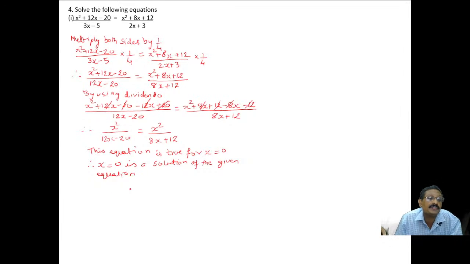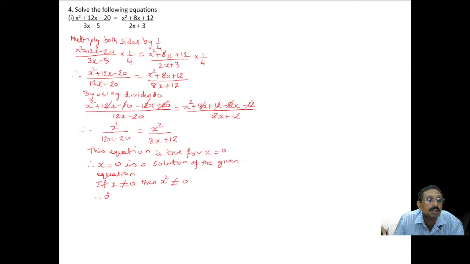Now, if x is not equal to 0, then what will happen? Suppose x is not equal to 0, then this x square will also not be equal to 0. And if it is not equal to 0, then let us divide this equation by x square.